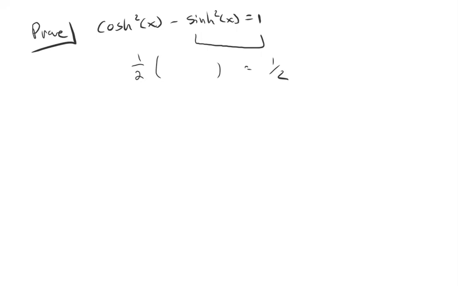So that's not what we really want to do. So just think about it. Really, proving identities like this boils down to starting with one side and manipulating it algebraically until you get to the other side, if you can. So try using your exponential identities and see if you can get to this.